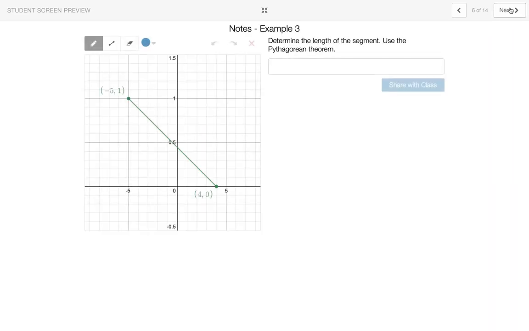Okay, next. So we can determine the length of this segment using the Pythagorean theorem. So let's draw the side lengths of this triangle.